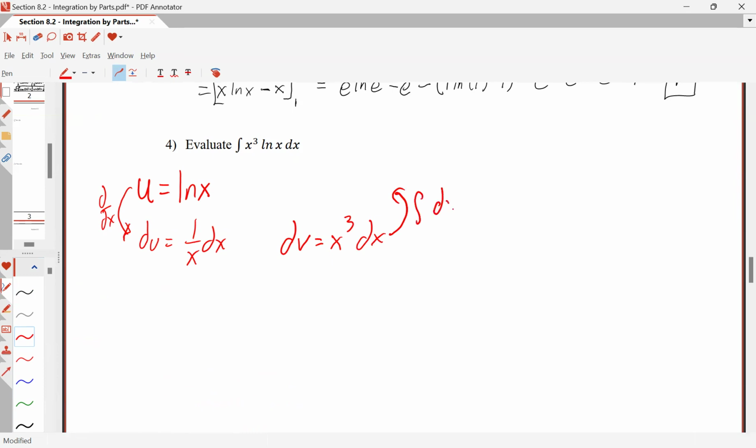We're going to integrate that. And be careful, we are integrating, not taking the derivative. So the integral of x cubed is 1/4 x to the 4th.